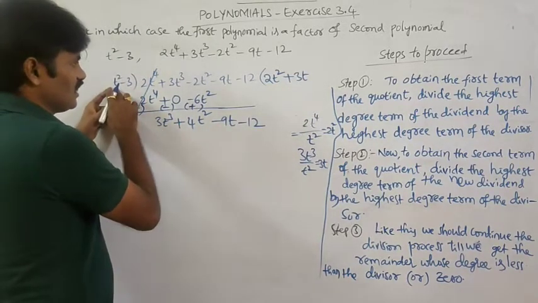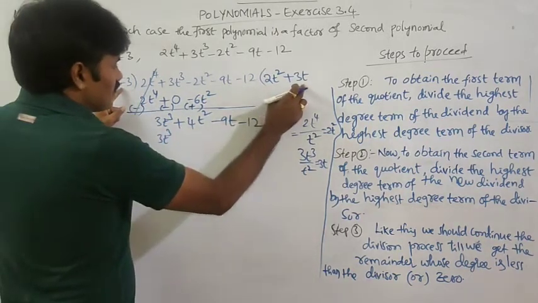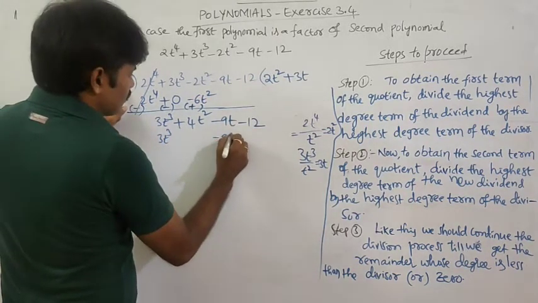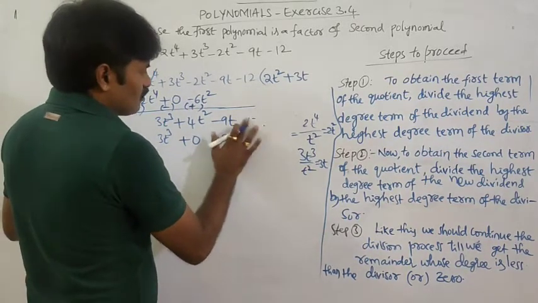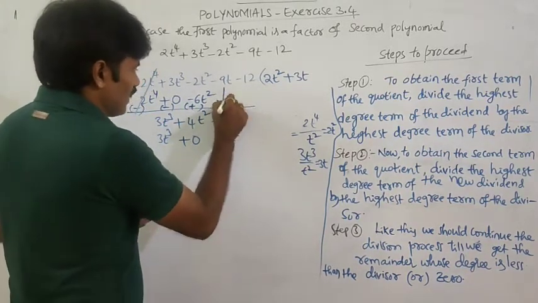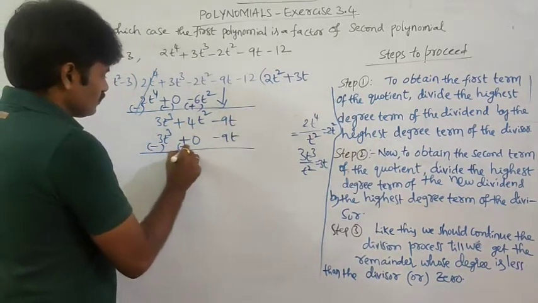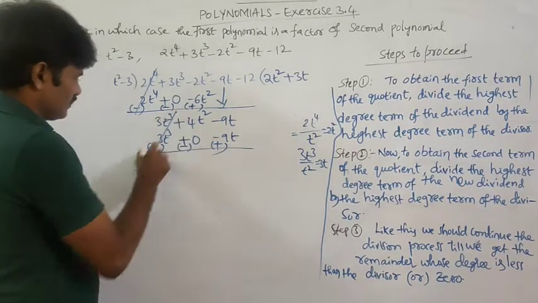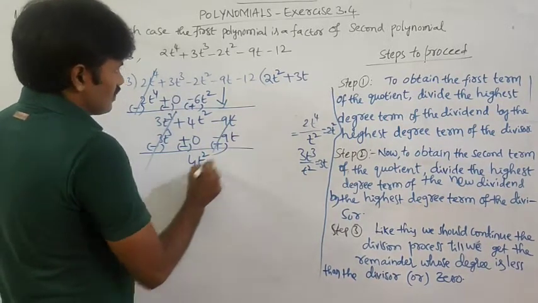Now 3t into t square, 3t cube, minus 3 into 3t, minus 9t. Middle term take 0. Now if you want you can bring down, or else no need, but minus 9t must be brought. Now subtract. Signs will change. Cancel. 4t square, cancel.